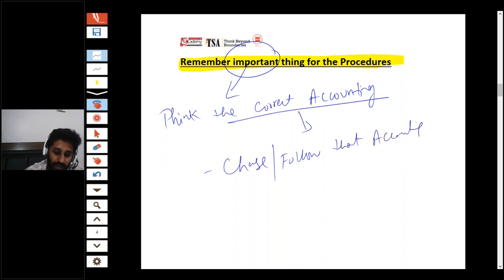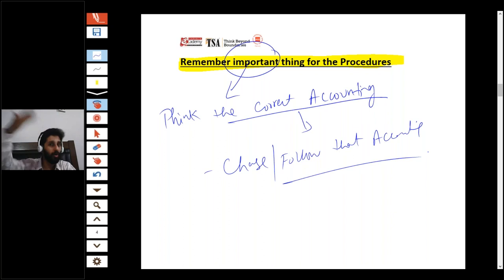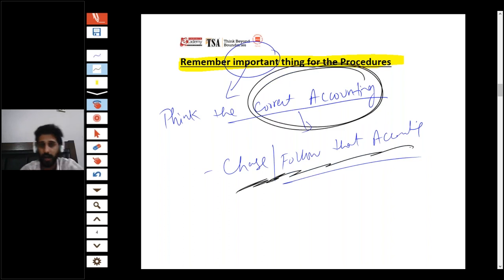If I can keep it very simple for you, when you are supposed to write the audit risk, you should assume what can go wrong in the financial statements. And while writing the audit procedure, you should think of the correct accounting, and try to chase or follow that accounting.